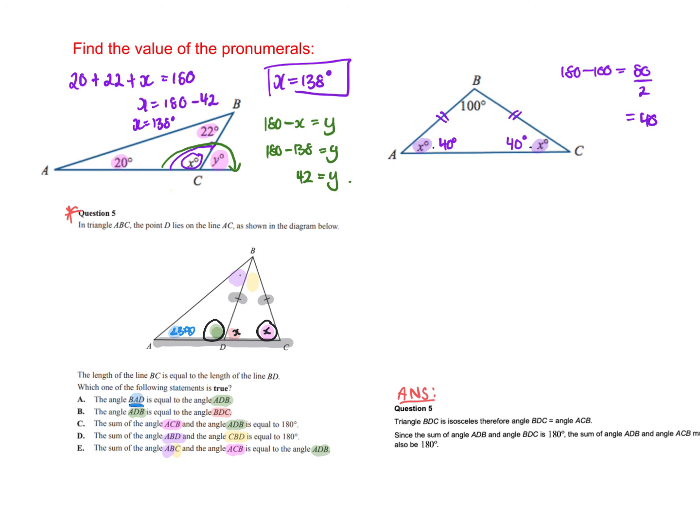Well, I would say yes, that's true, because there's a straight line, and this one here in the red is also the same size as the pink one. So we're going to say yes, that is true. So this one ends up being your answer. Okay, so that's the type of question you got in a year 12 exam. That was, I think, 2019.